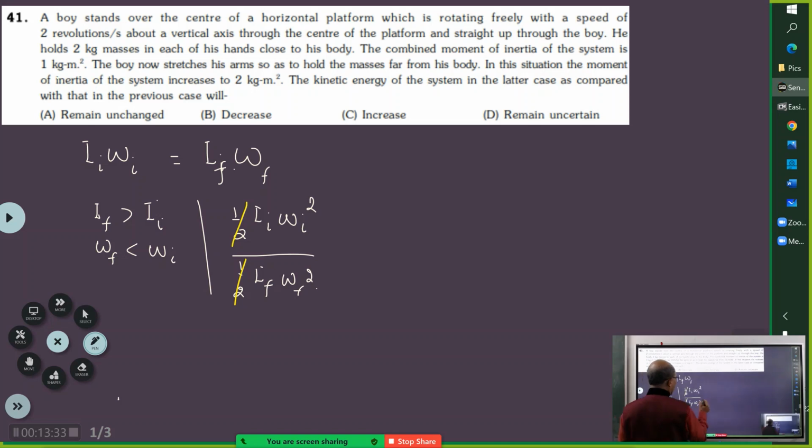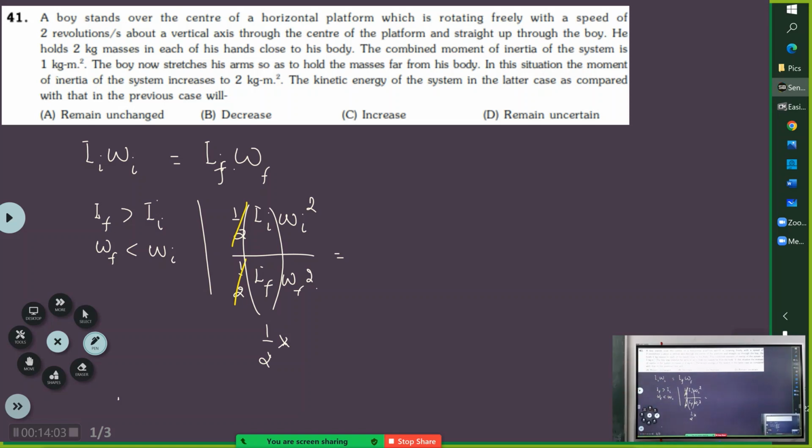The other way to simply solve this would be to compare the kinetic energy of the two cases. Here I_f is greater than I_i, so you get the factor 1/2. And what about omega_i squared by omega_f squared? Omega_f squared will be less than omega_i squared, so this quantity is less than this.